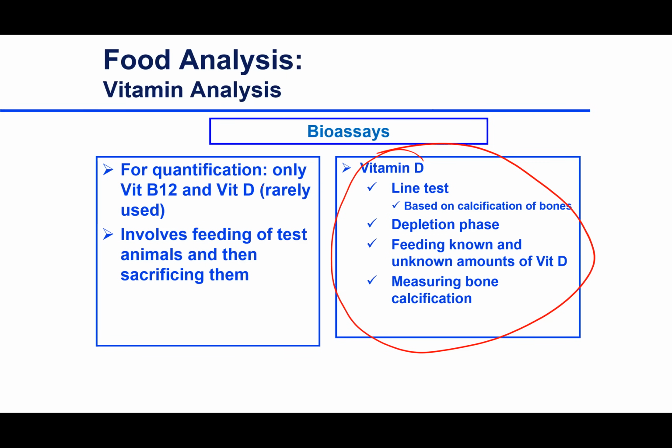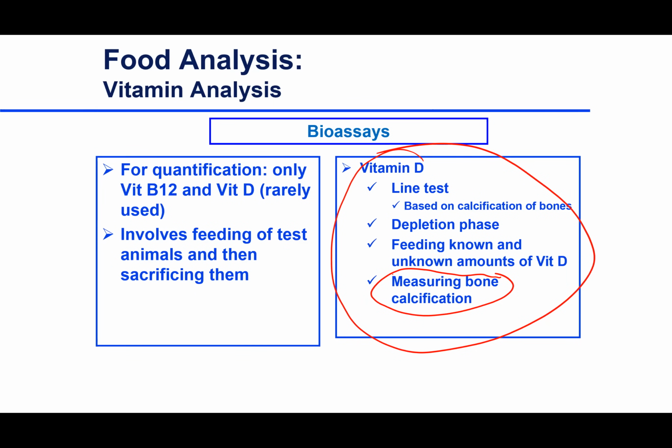Rickets is the name of the disease for vitamin D deficiency, and it has nothing good to do with your bones. And then they would put it back in the diet in varying amounts, and you would get a line. The bone would start calcifying again after it had only poorly calcified, because these are growing rats.